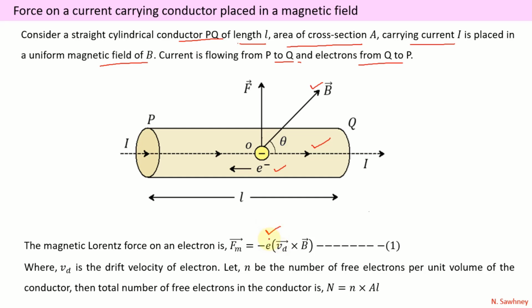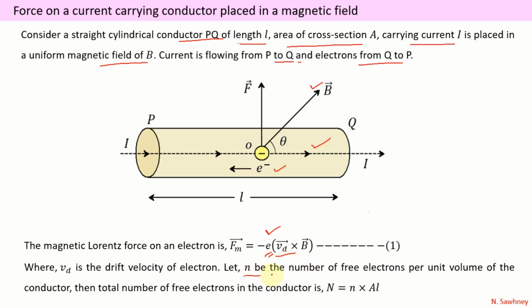The magnetic Lorentz force on an electron is given by minus e into Vd cross B, where Vd is the drift velocity of the electron, B is the magnetic field, and e is the charge of the electron.